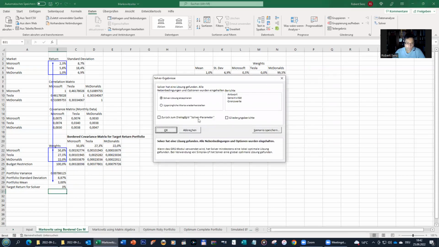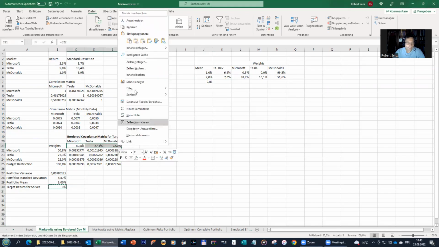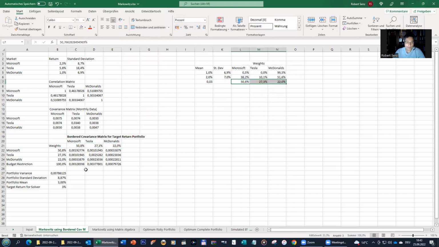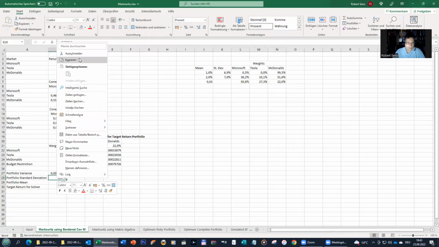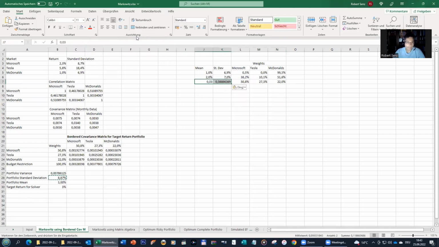Okay, we found a solution, and you can see if we go for a 3% return, we need 50.8% Microsoft and 27% Tesla, and so on. And portfolio standard deviation is no big surprise, slightly higher than before with the 2%.